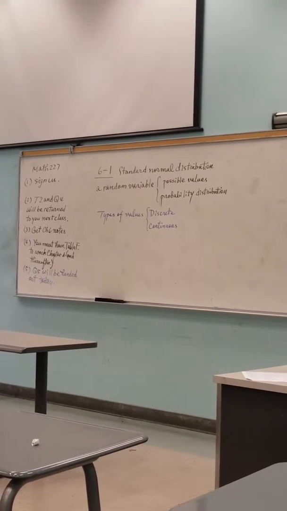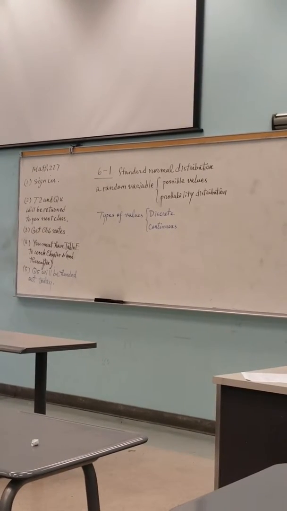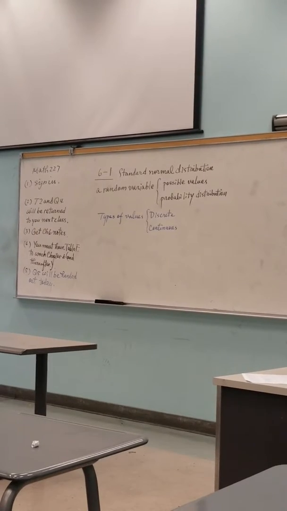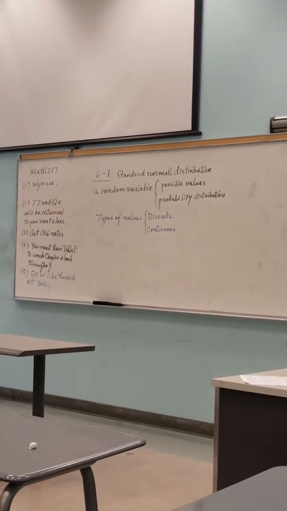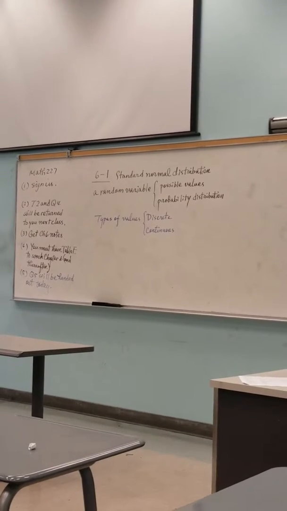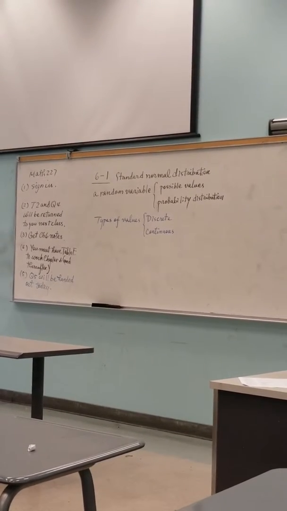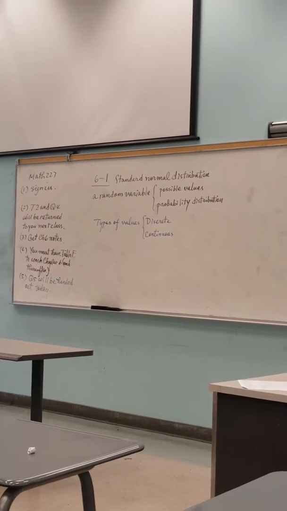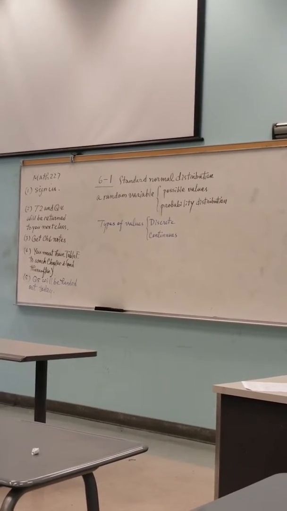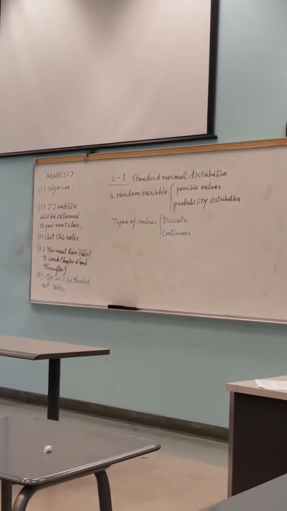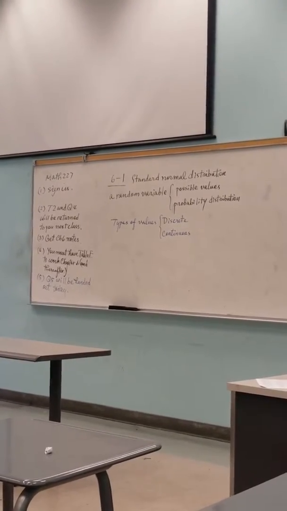How about any number between 1,000 and 1,001? 1,000.5, 1,000.6, yes. That's right. Any number between two possible lifetimes is also a possible lifetime, right? Do you understand that? So it is of what kind? Continuous.